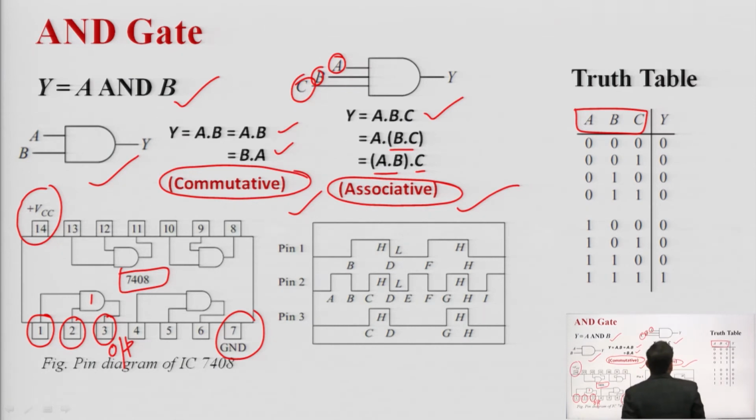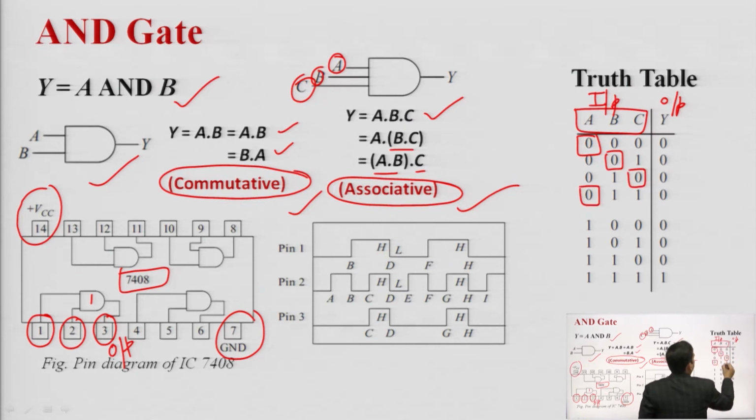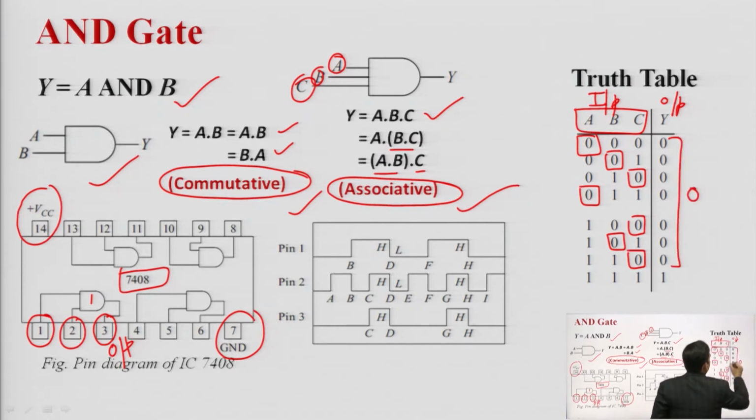How will this truth table come? These are the inputs and y is the output. We can observe that if any of the inputs is 0, then the result is 0. If all the inputs of an AND gate are 1, then the output is 1, like this.